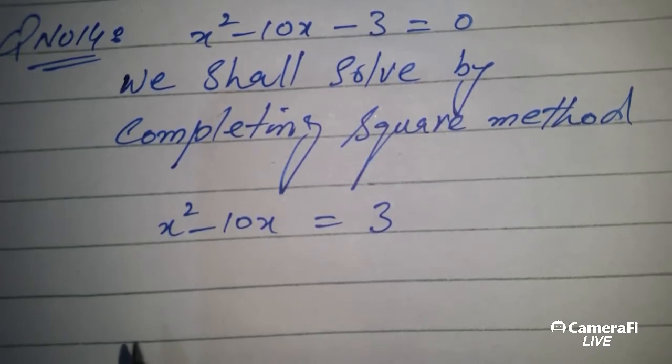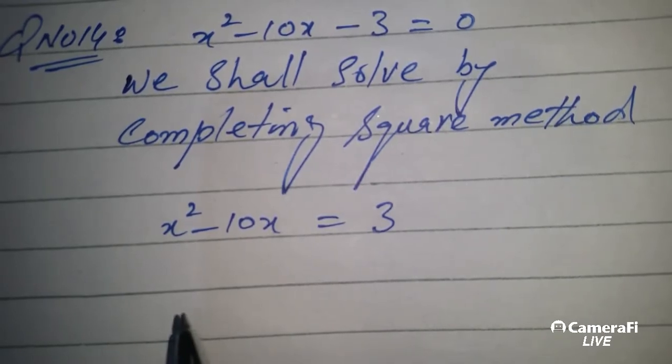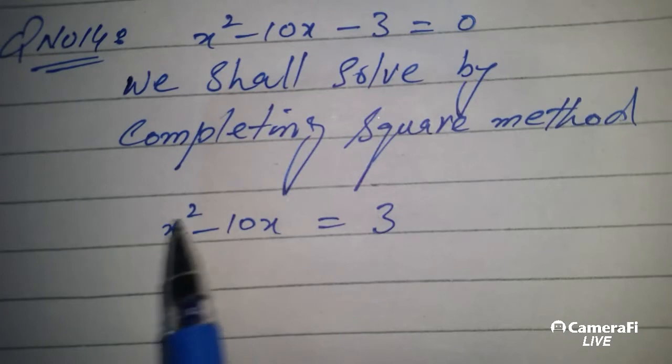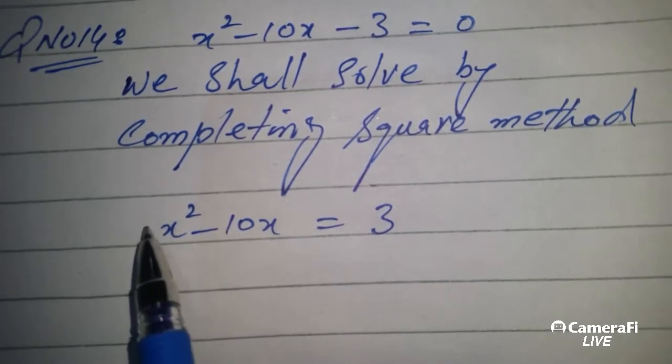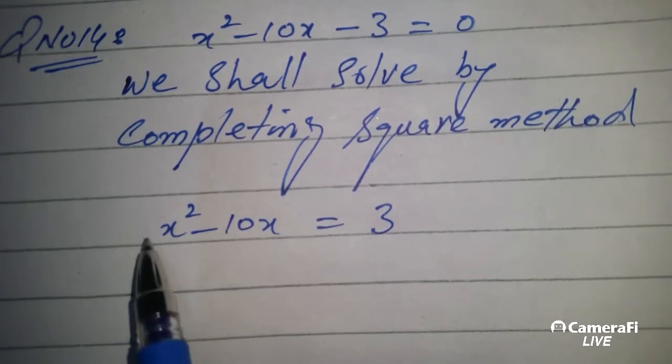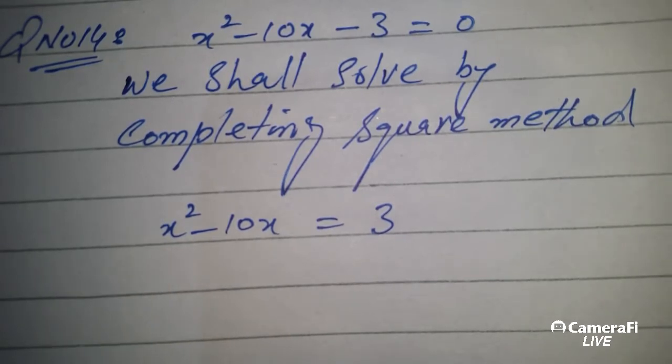Now, in this method, there are two ways to solve problems by completing square method. One is the coefficient of x square should be 1. The term x square should have 1 here or nothing here, meaning 1.